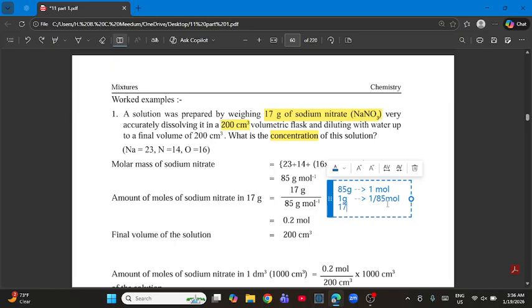So 17 gram means 1 over 85 multiplied by 17. That means 17 over 85 mole. So this is the way how you are going to get that answer.